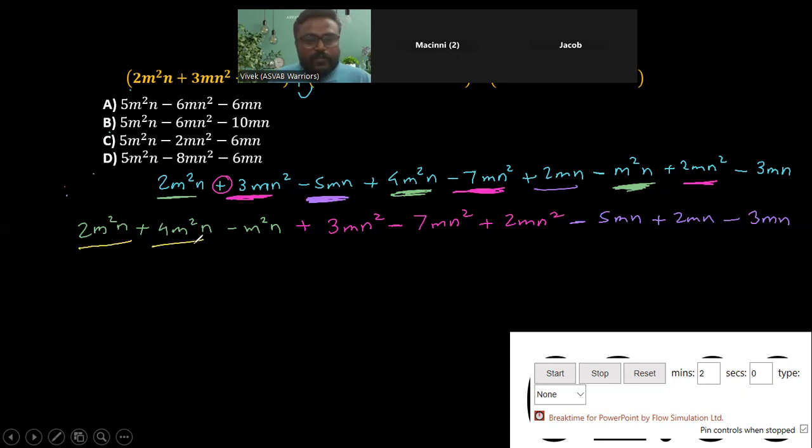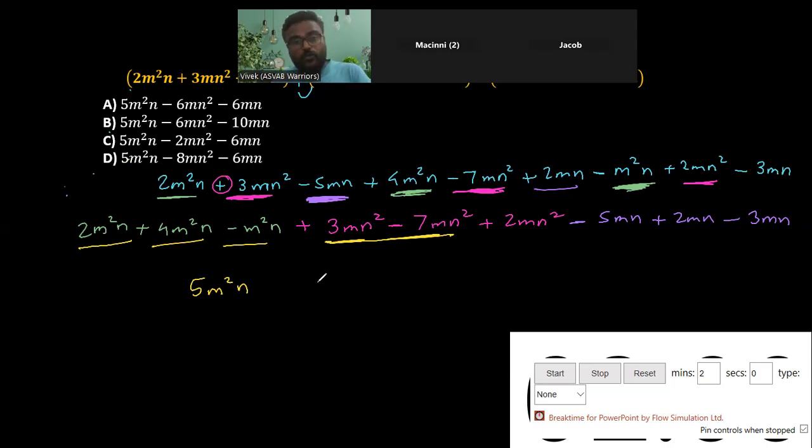2m square n plus 4m square n will be 6m square n minus 1 would be 5m square n. 3mn square minus 7mn square would be negative 4mn square. Negative 4 plus 2 is negative 2mn square.